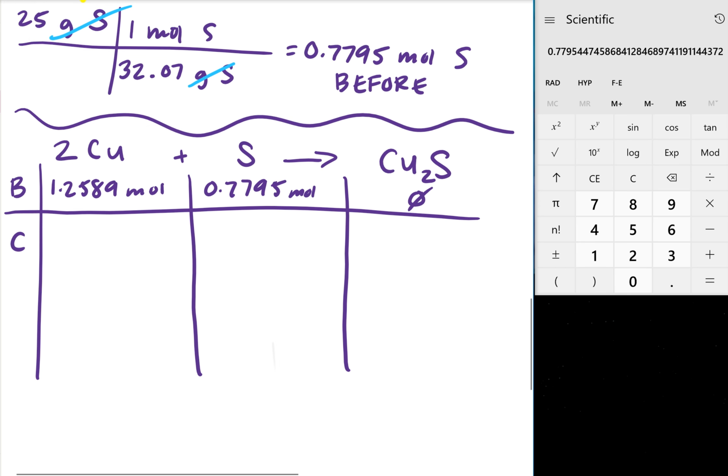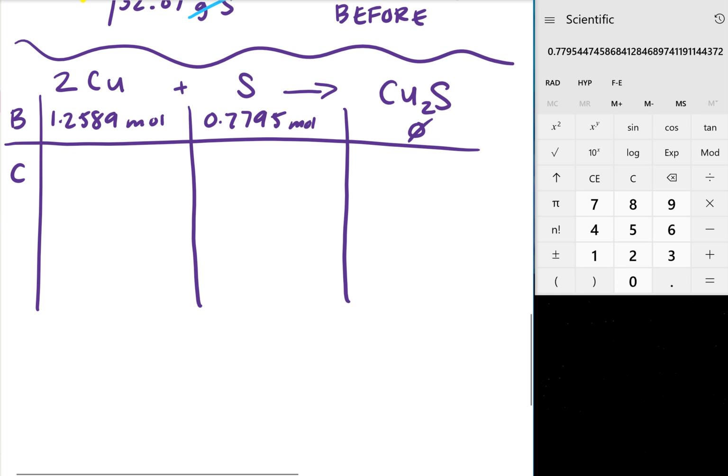Now for the change, you don't know which one the limiting reactant is by just looking at the numbers. So I want you to assign limiting to the first one, and we're going to test it. Subtract all 1.2589 moles from the copper.